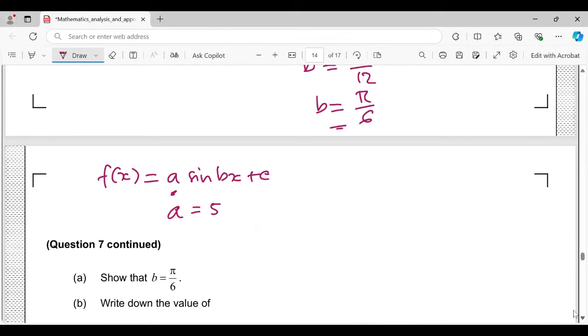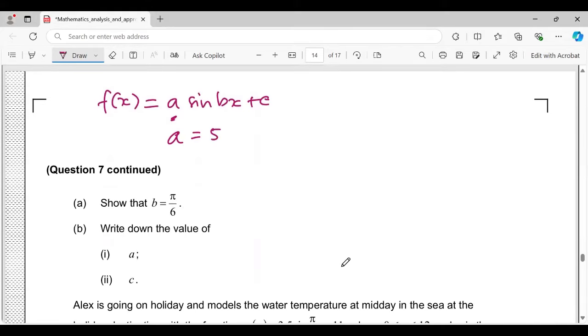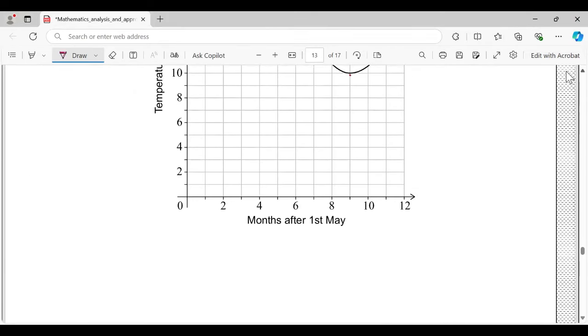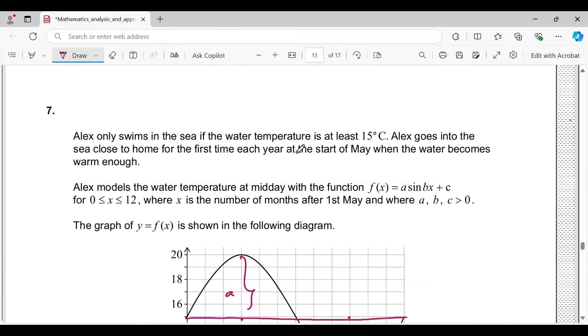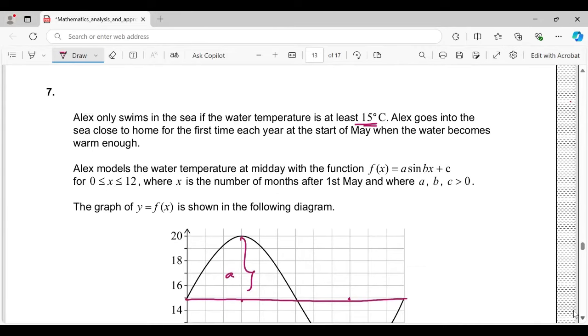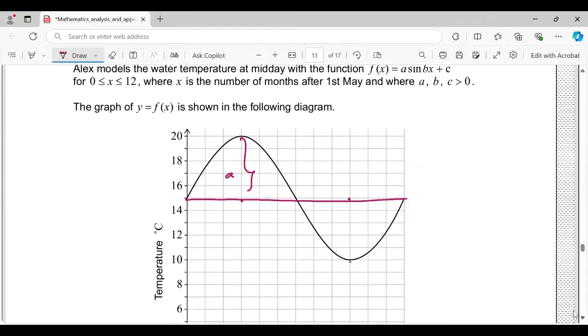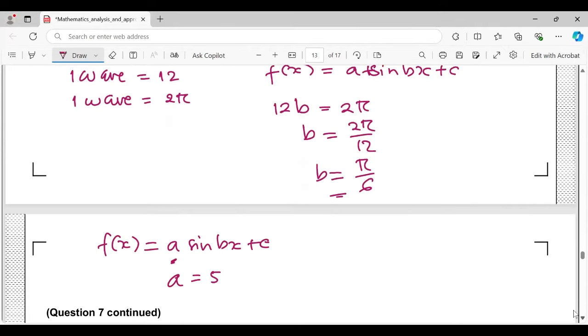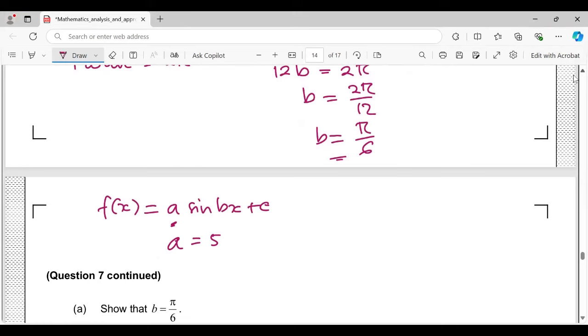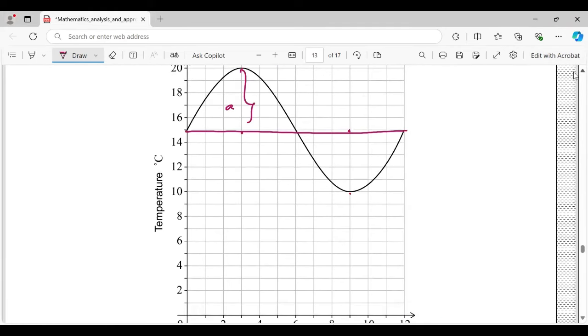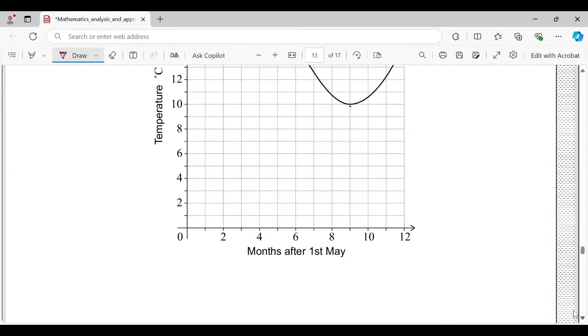What else? Next is c. Based on this information, the maximum temperature is 15 degrees Celsius. So what happens if x equals 0? If x equals 0 on this graph, the temperature is 15 as well.